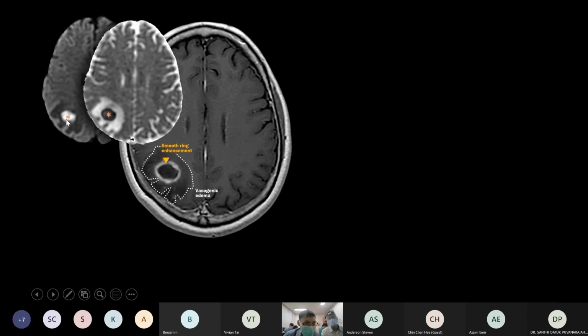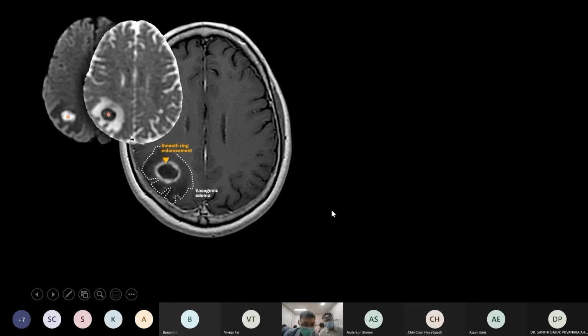In DWI, if it's bright, it means the diffusion is restricted. And you confirm it with ADC, which is the opposite, with no evidence of any T2 shine through. So this is true central diffusion restriction with a ring enhancing lesion post-gado with surrounding vasogenic edema.